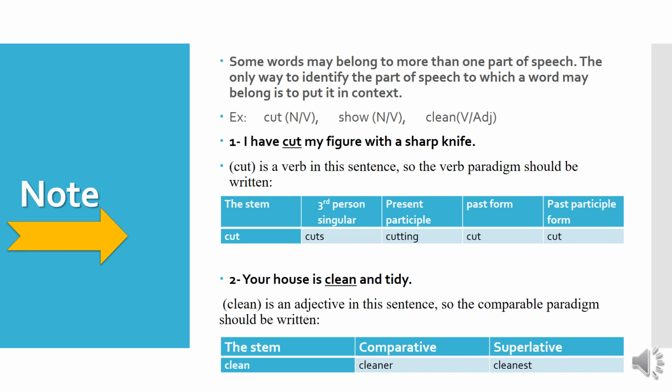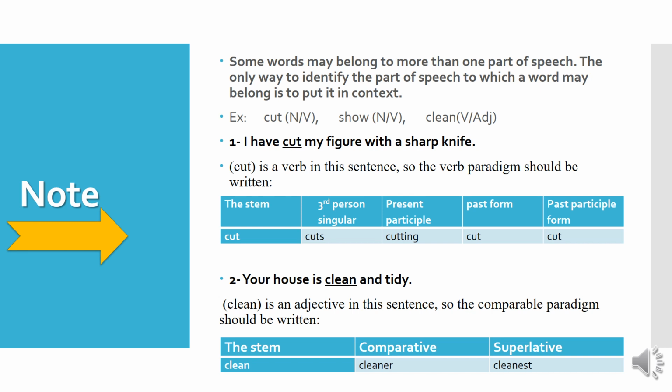Let's take the word cut. I have cut my finger with a sharp knife. Cut in this sentence is a verb. Because it is a verb, we have to write the verb paradigm, not the noun paradigm, because in this sentence, cut is a verb.